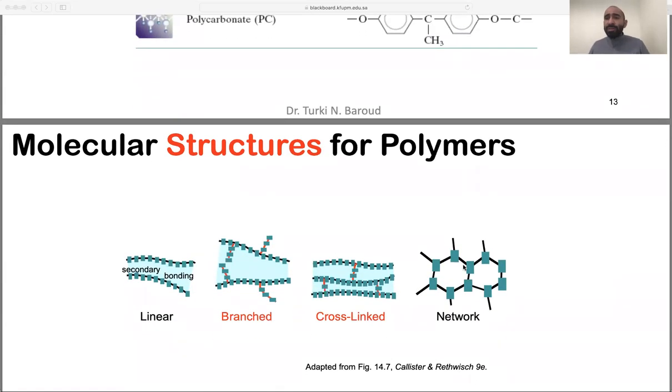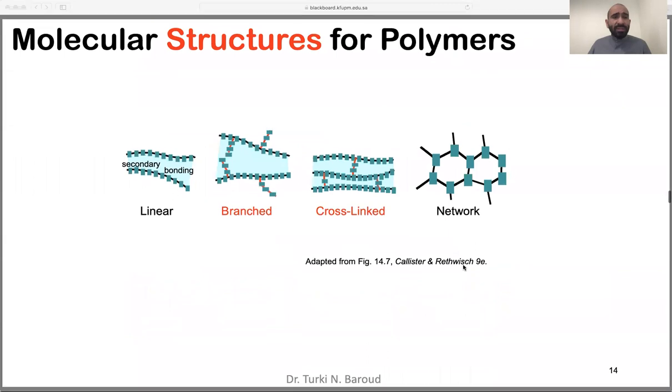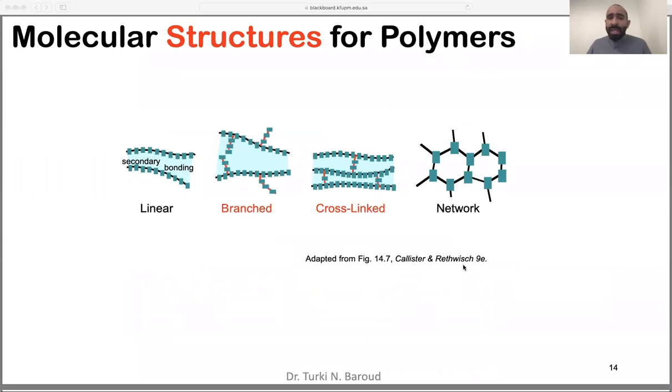Okay, now we're going to talk about the molecular structure of polymers. This is very interesting because when you look at the structure of polymers, it looks like these chains might interact with each other differently. Some polymeric materials have linear chains, and those linear chains are weakly bonded to each other. Some have a strong bonding between them.